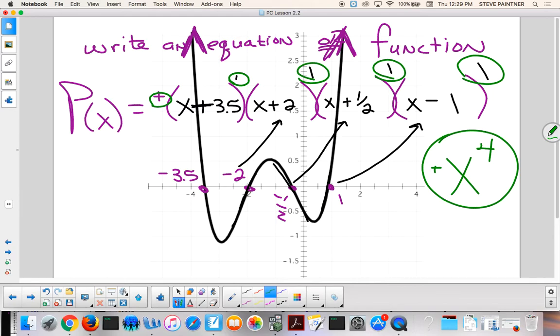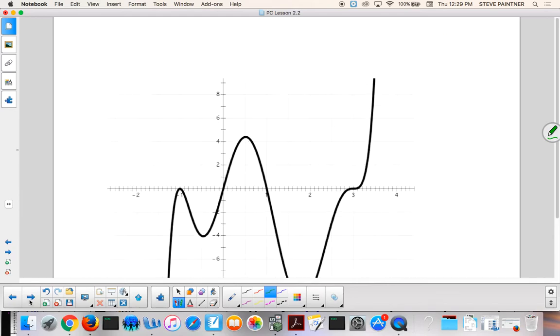I could make you FOIL that out, but that would just take you forever. And you'd have just a long, long polynomial. This is good enough. You have to write the equations or functions that fit the polynomial. They'll probably give you a picture in your book. Write the equation. Do it again. Try it again. This one's different. Now look at it close.